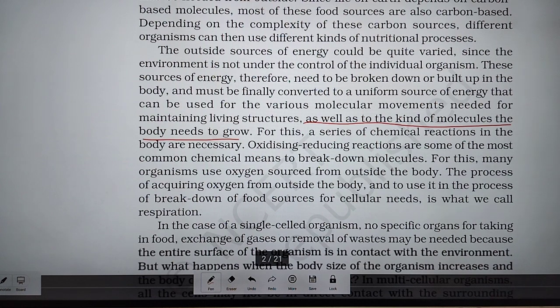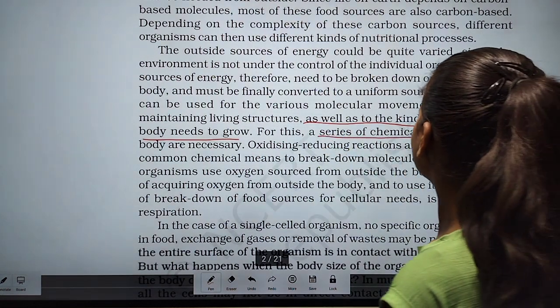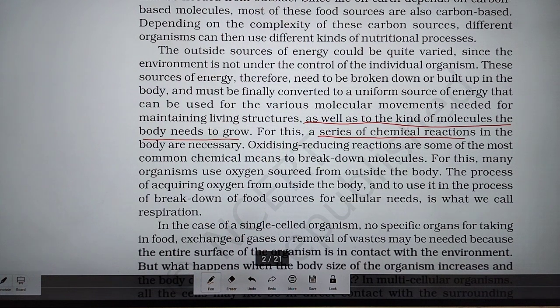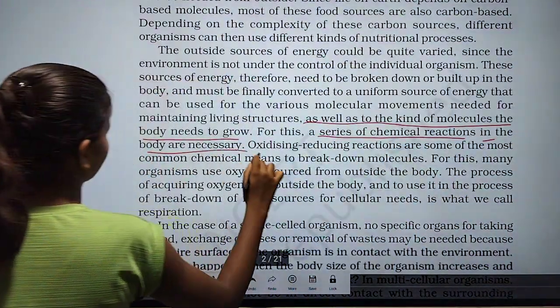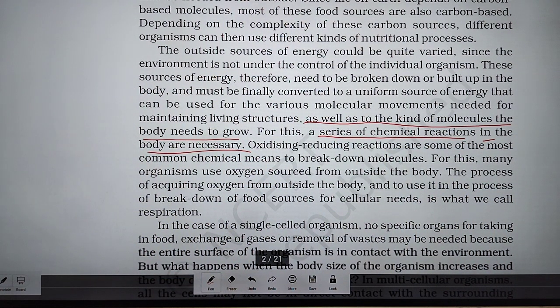For this, a series of chemical reactions in the body are necessary. It means for growth, a series of chemical reactions are also important for our body.